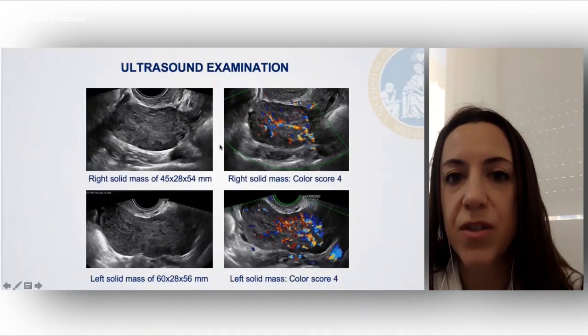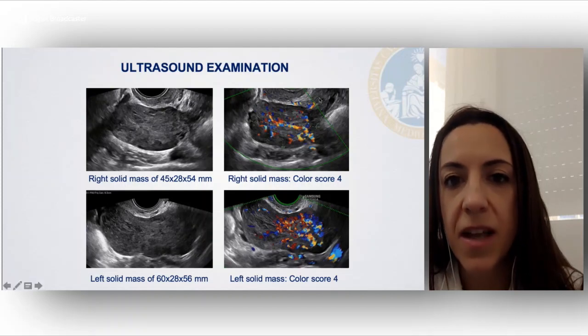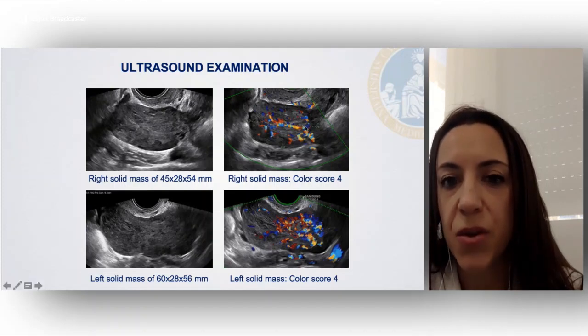This was our ultrasound examination. We can see a solid right mass of 45 by 28 by 54 millimeters, and this was the vascularization.